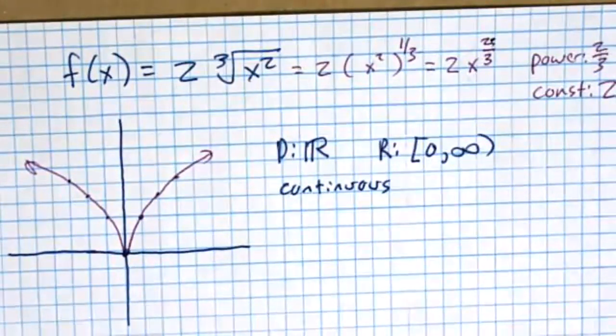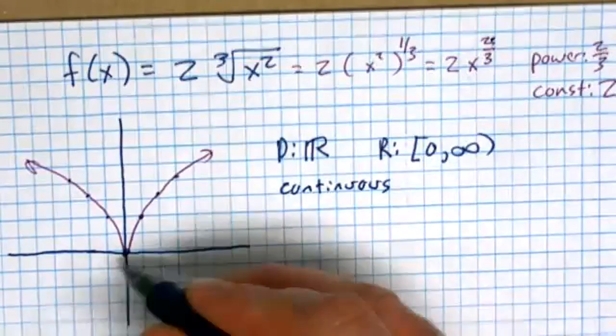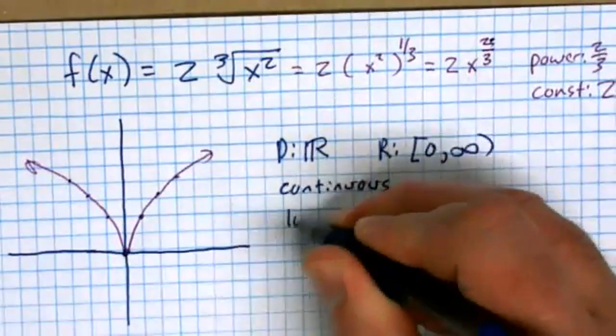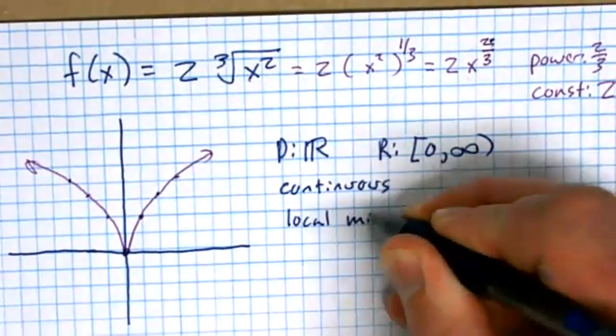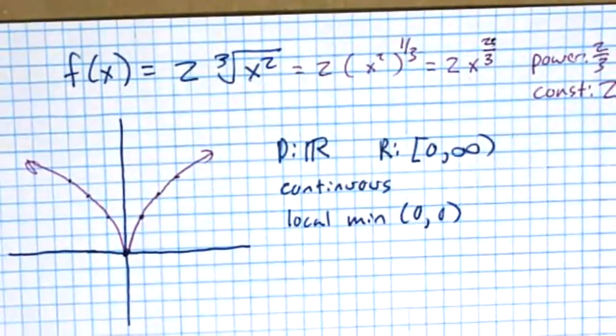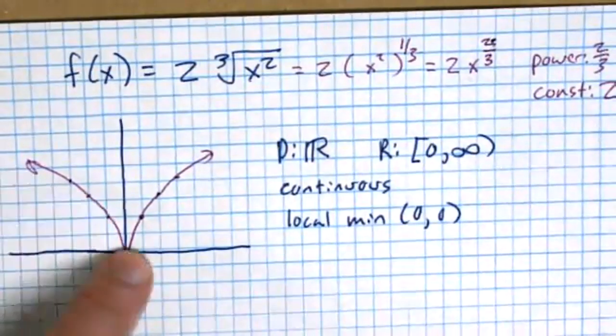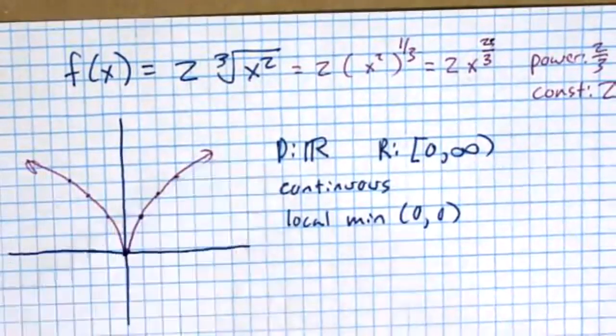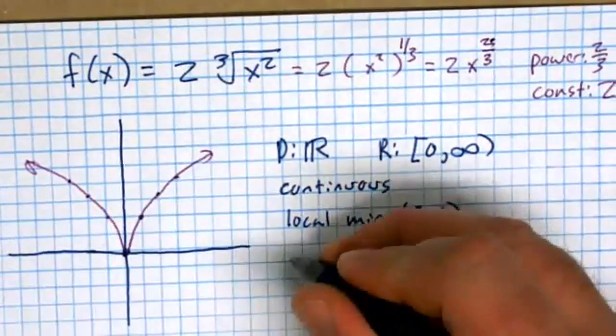Local extrema. These would be local maxes or local mins. Let's see, a local min at the origin. What else is on here? Increasing, decreasing, constant. I see decreasing here and then increasing over here. So let's do those.